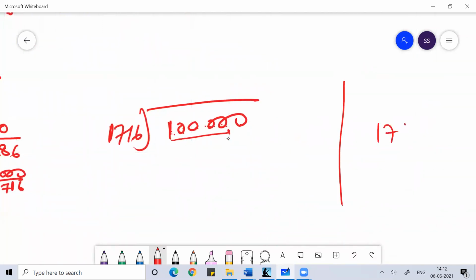1716. If you try 6, you are getting a bigger number. So 5s are also getting a bigger number.